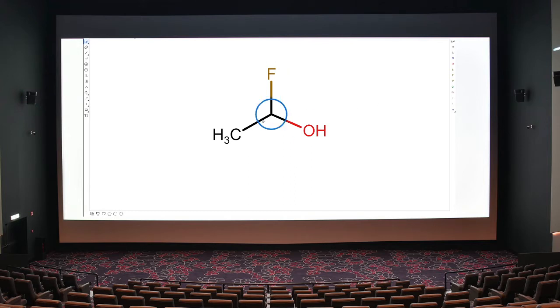There are always going to be 2 enantiomers for every chiral center that exists. This is one of them. Now we're going to draw the other enantiomer. The process for doing this is actually a lot easier than you would expect. There are more than one method, but by far the easiest is the mirror example.